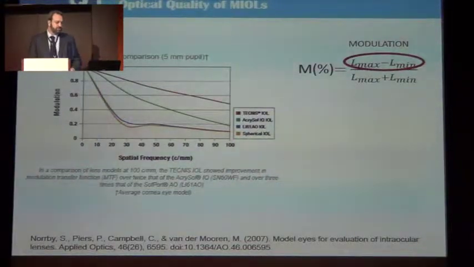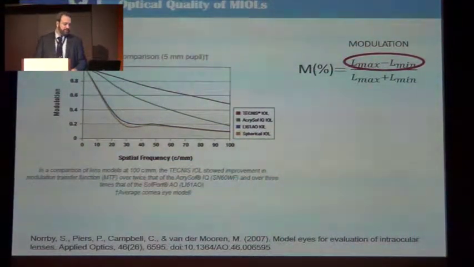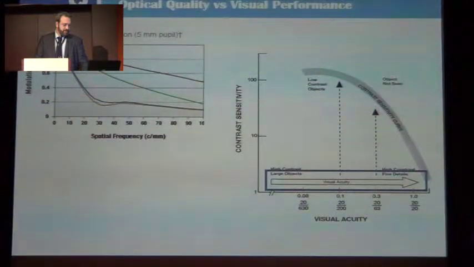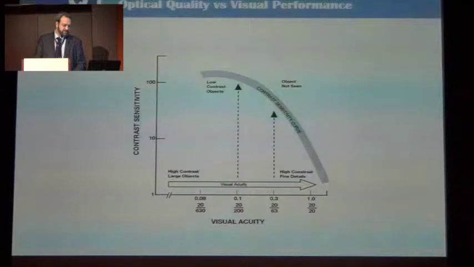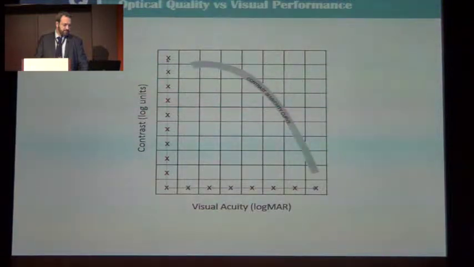And we would like to see this situation. As we talk about the MTF, we are going to have better quality of vision in our lens. But measuring in terms of optical quality versus visual performance, we can see how to transform it in terms of contrast sensitivity in our normal practice.